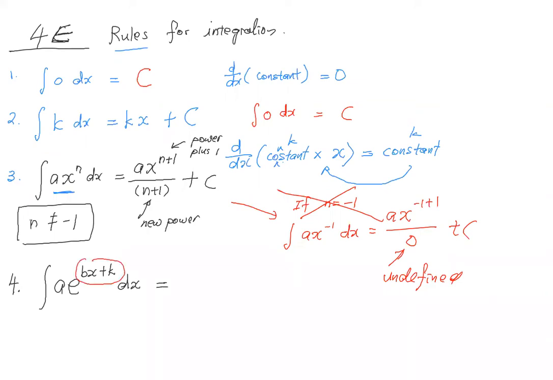This one must be linear. If it's not linear, you cannot use this formula. The power of e must be linear. So you copy down the whole thing. Then you divide by the coefficient of x.